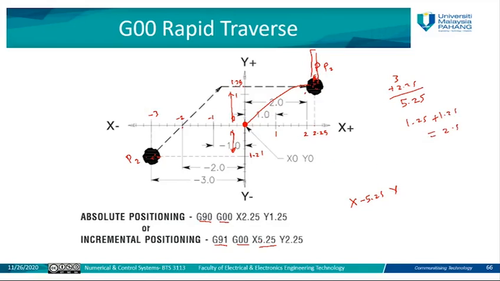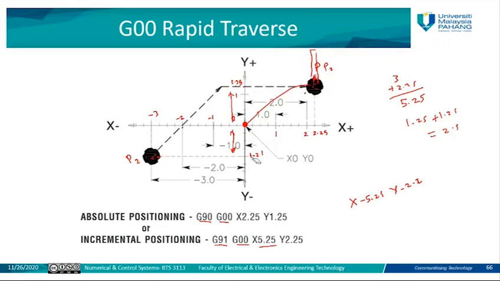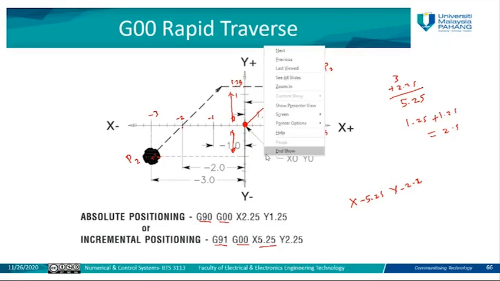But if it is from the top to the bottom, it becomes a decrement. So it becomes minus 2.5, 2.25. Sorry, this one. Okay, this is 1.25, and here is 1, not 1.25. Sorry, this is 1. This point is 1.